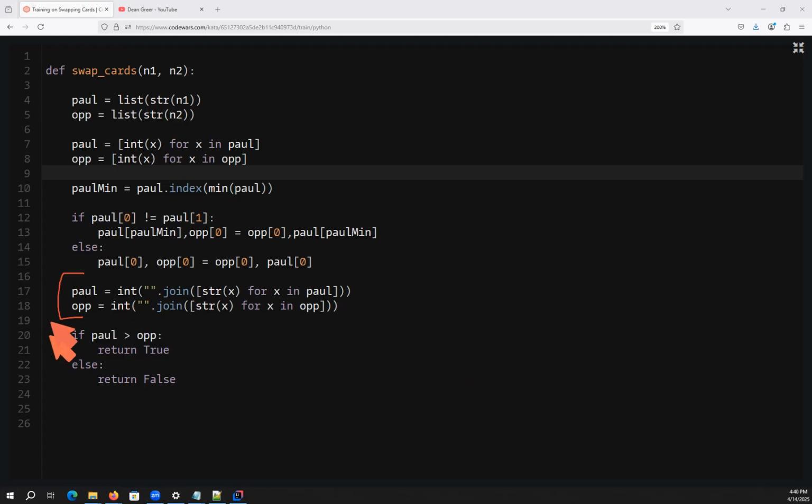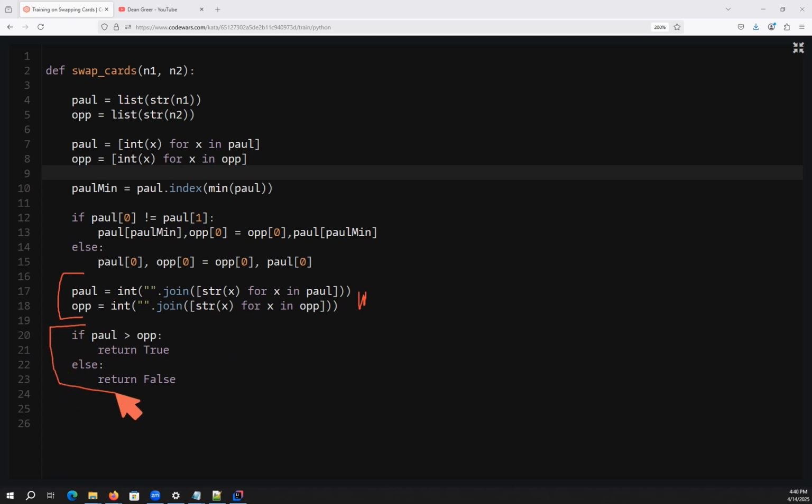And I do this for Paul and the opponent because what I want to do is get an integer result. I want to take the list of integers and convert it back into a regular two-digit integer. And that's what's happening here with both of these. Using list comprehension to convert the list of integers to a list of strings. Then I take the list of strings, convert it to a string. Then I convert that to an integer. Heck of a process, but necessary.